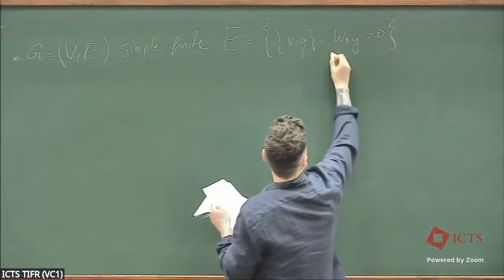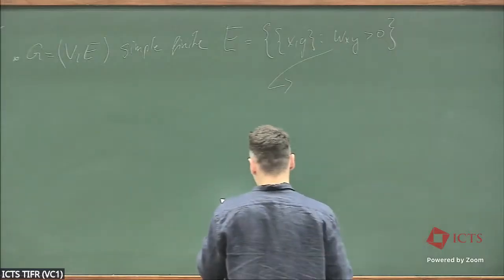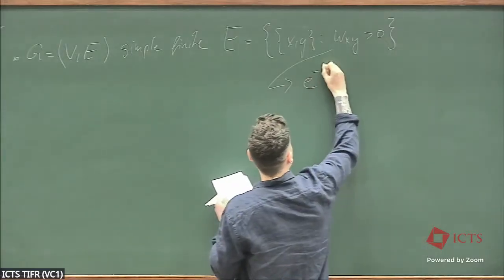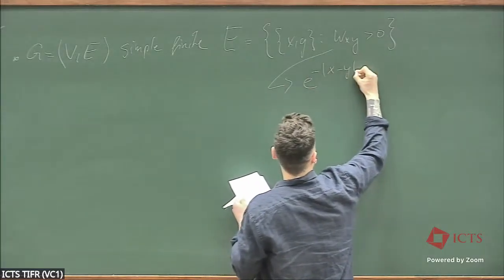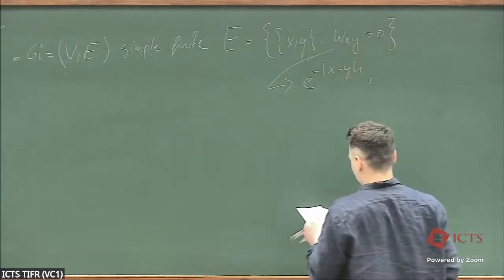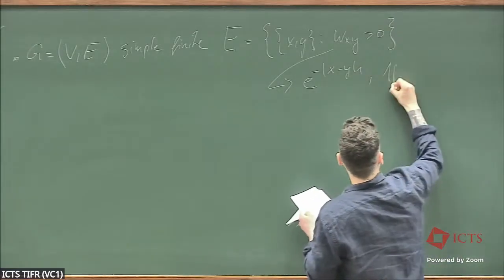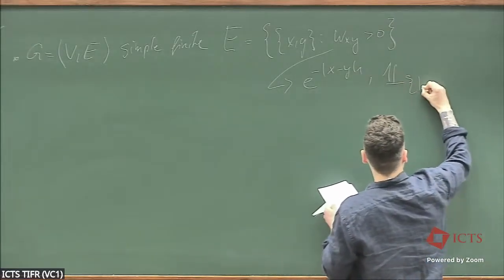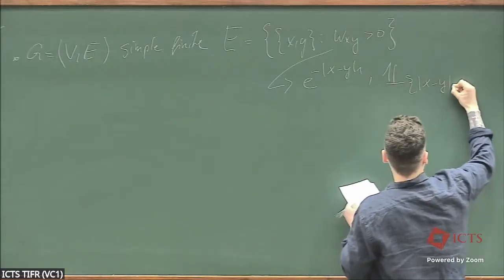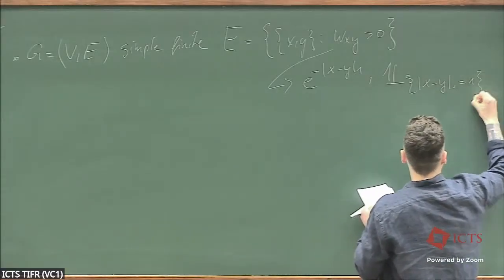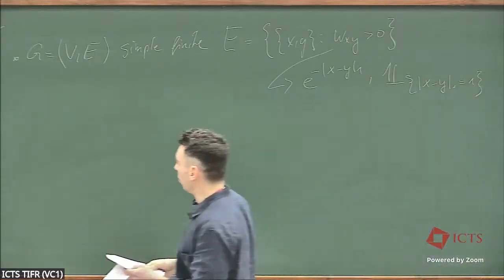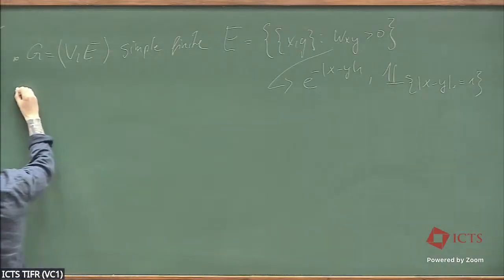And for this weight function, you consider as examples e to the minus the distance of x minus y in the 1 norm. Or if you want to think of nearest neighbors, then just take the indicator that x minus y in the 1 norm is 1, right? Then we just recover the normal weights.